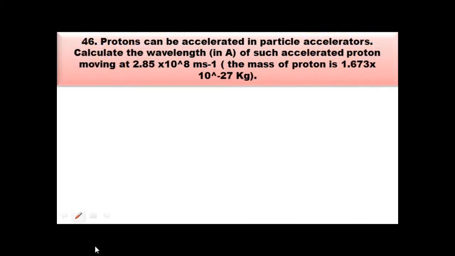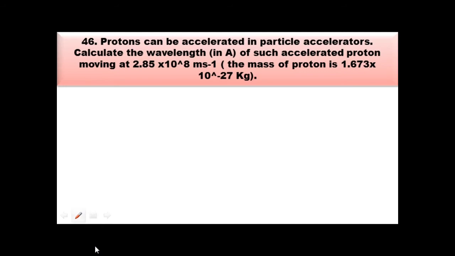The next question, question number 46. Protons can be accelerated in particle accelerators. Calculate the wavelength in Angstrom of such an accelerated proton moving at 2.85 into 10 power 8 meter second power minus 1.